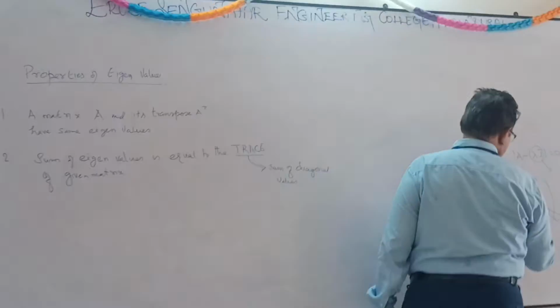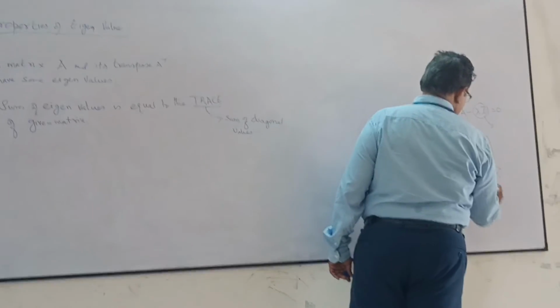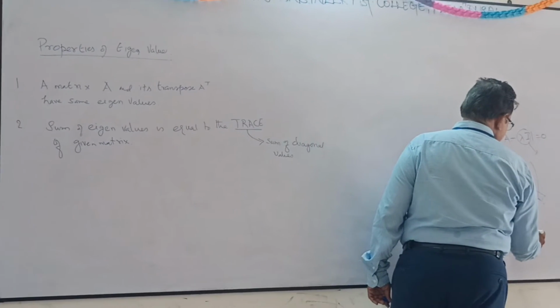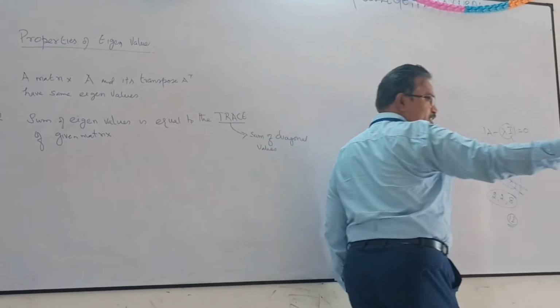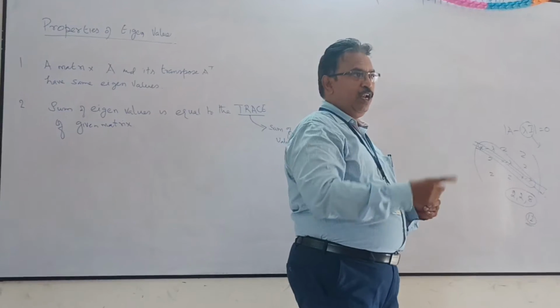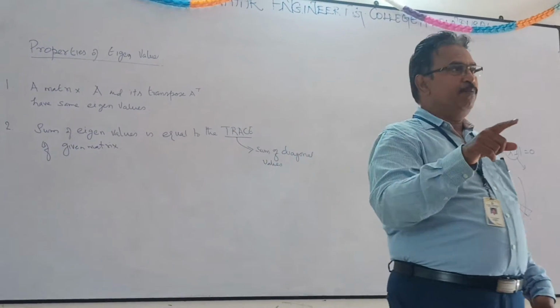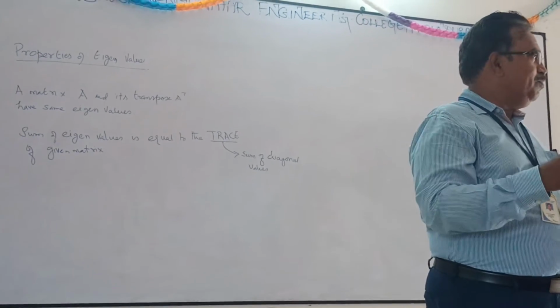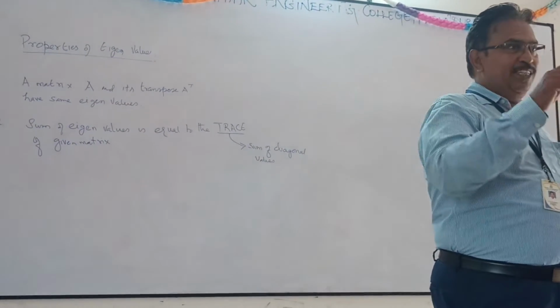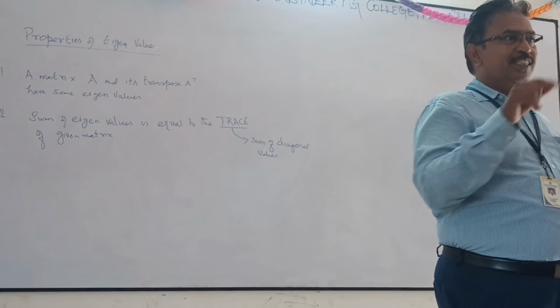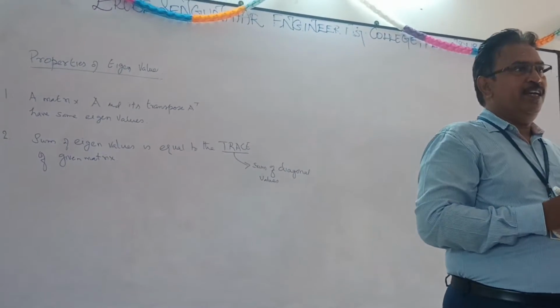Previously we did one problem. You can check the trace of the previous matrix, whether it is 12 or not. Yes, it is 12. That is why, when we form the formula lambda cube minus S1 lambda square, that S1 is the trace.